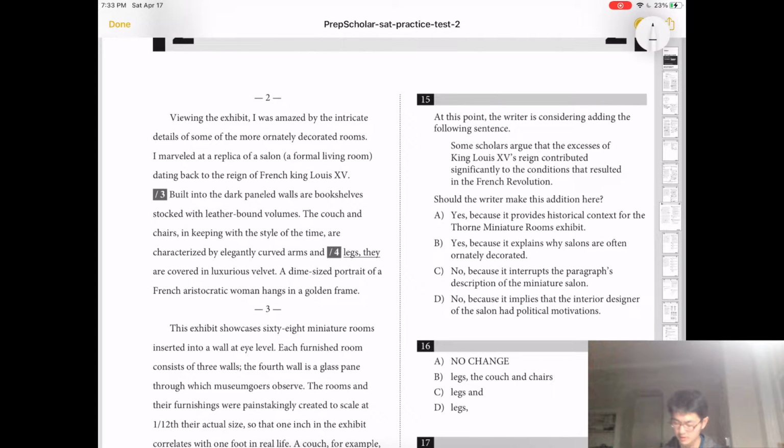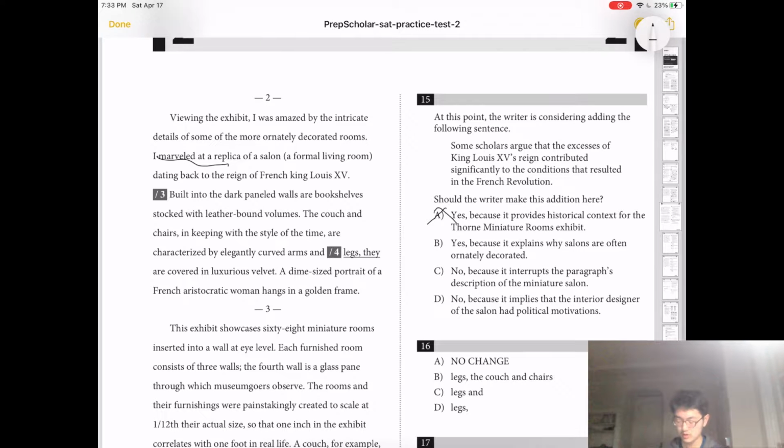Should the writer make this addition here? "I marvel at a Whippico salon dating back to the reign of French King Louis XV." Some argue, okay, yes, it provides some context for the Thorne miniature exhibit. It does, but even if it does, you shouldn't add it in there.